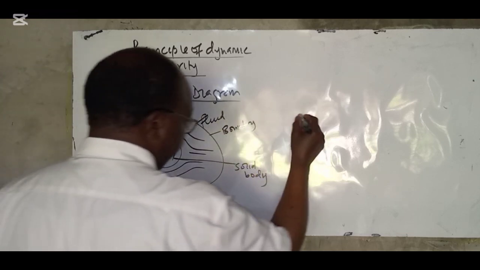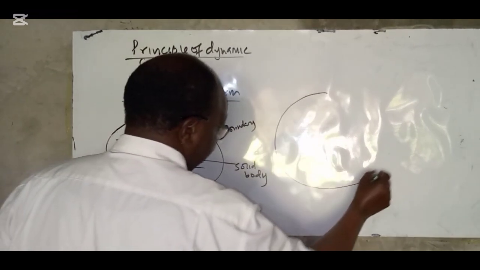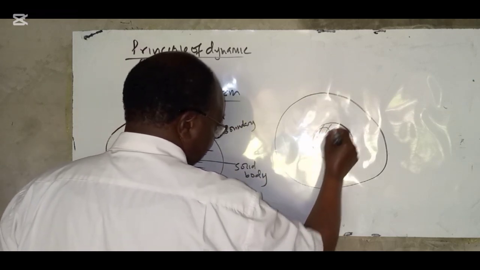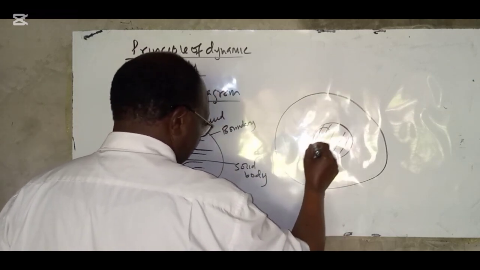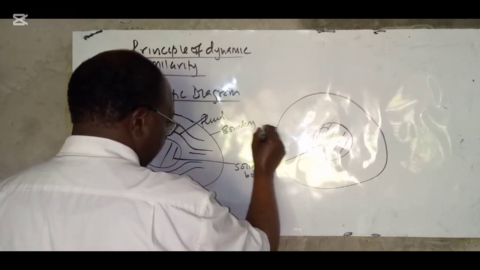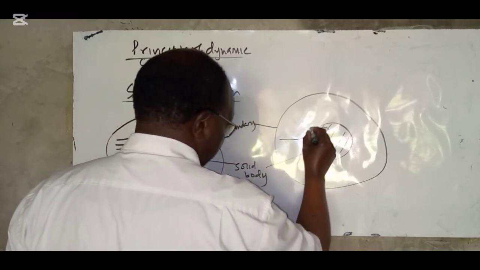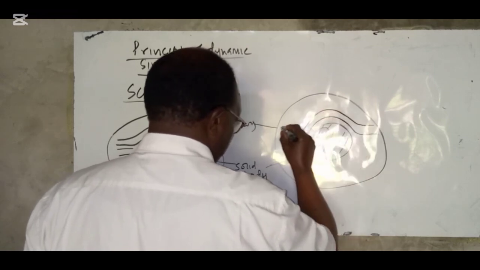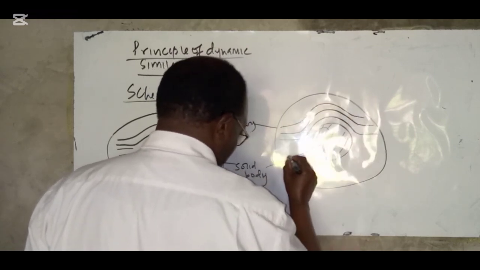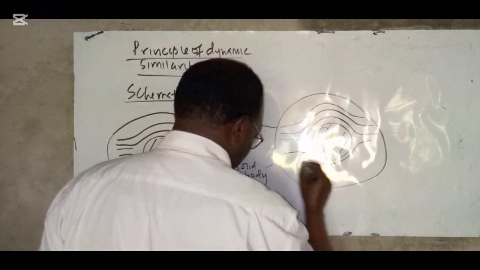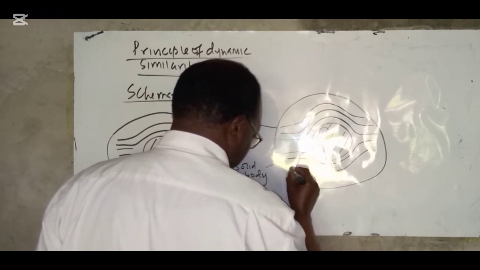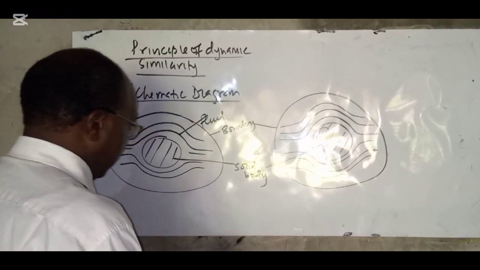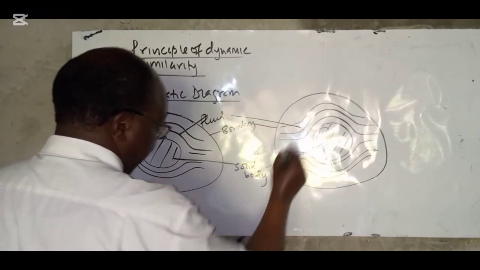Let's have another one, which is supposed to be dynamically similar. That's still a solid body, with a boundary. So we have our fluid still in this system.